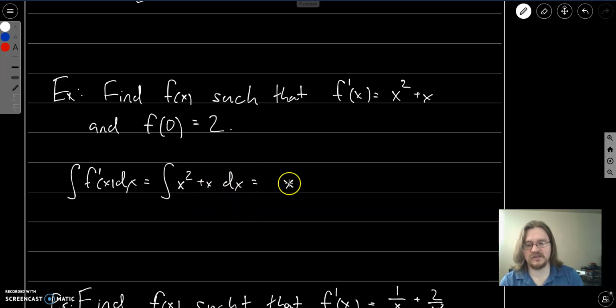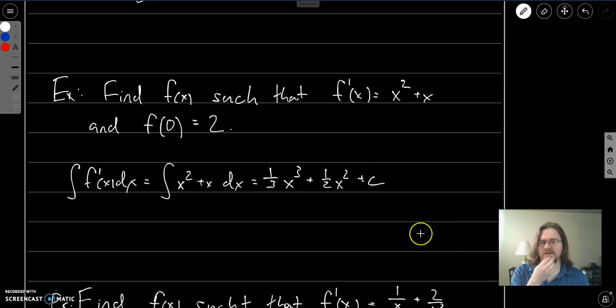X squared, we raise it to the 1 higher power, and we divide by that power. X is just x to the first power, so raise it to the 1 higher power and divide by that power, plus c. Ooh, well, plus this, I don't know what this constant is.